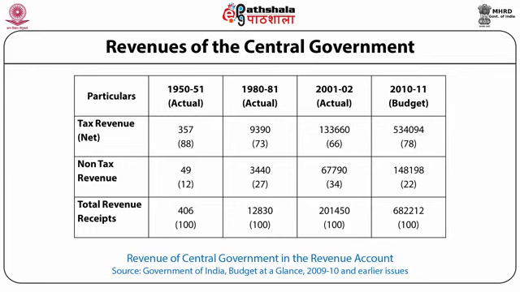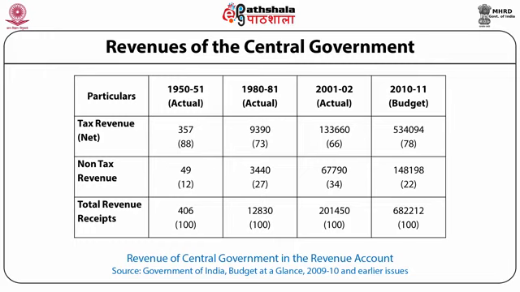This table shows the revenue of the central government in the revenue account. As we can see, the tax revenue increased from 357 crores in 1950-51 to 5,34,094 crores in 2010-2011.